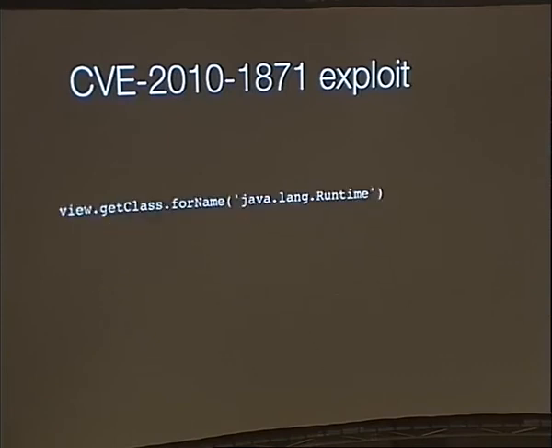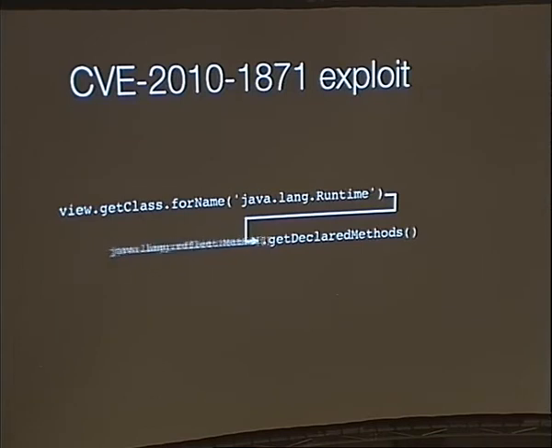Once we get declared methods, it returns an array of methods. Once the array of methods is done, we simply index it. We say the 19th element in the array returned by getDeclaredMethods, and we simply call invoke. And it will invoke the 19th method of the runtime class.